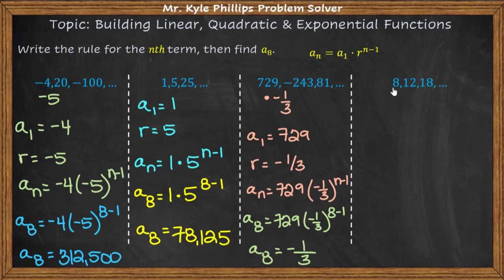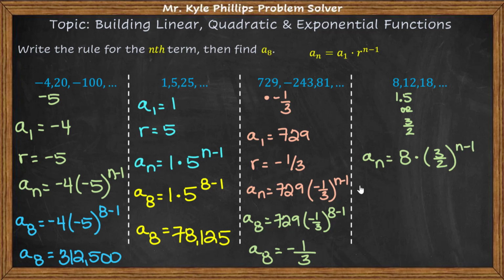So 8 times 1.5, or you could say 3/2, gives me 12. 12 times 1.5 or 3/2 does give me 18. So this is geometric. So we have that the nth term should be 8 times 3/2 raised to the n minus 1.